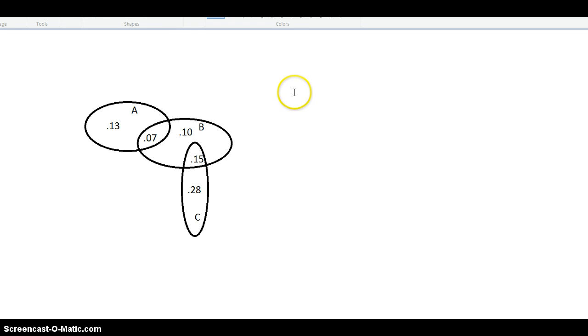The probability we're looking for is B, C bar. Well, it's kind of difficult for me to put a bar here, so let me do this. Here is a brush. So B, C bar. Okay, this means the intersection of B and C bar.